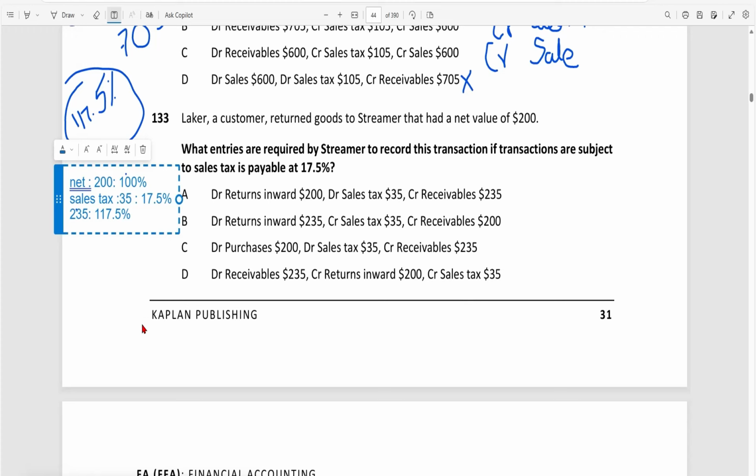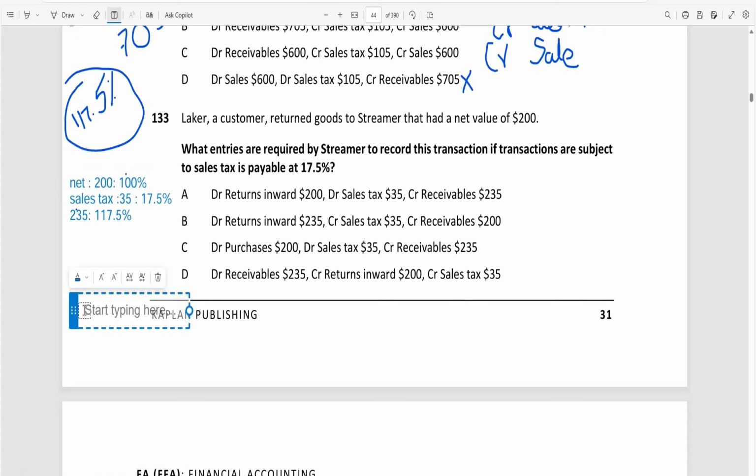Let me add the note here. So we will debit sales return. And the customer might need the amount returned, or if the goods had been sold on credit, we need to reduce the receivable balance because we are no longer going to receive this amount from the customer. Or the customer has paid cash, and we need to return it, or the customer might ask to return the amount, so we pay it out through our bank, which means the bank balance is reduced. So this will be the entry.